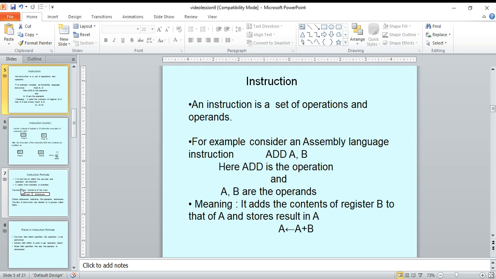Next one is instruction. What is an instruction? Instruction is a set of operations and operands. For example, consider this assembly language instruction.